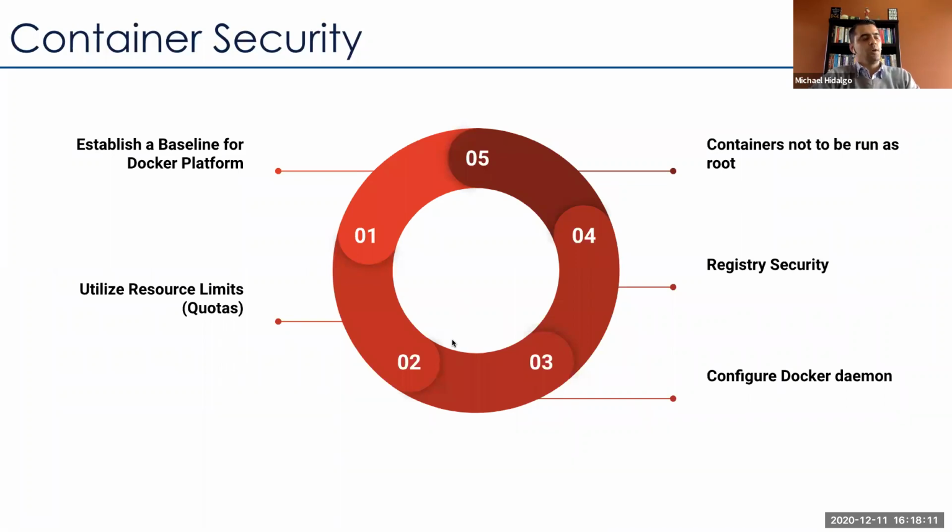When we were analyzing this topic, there are multiple ways to get a secure deployment. One of them is establishing a baseline for a Docker platform. I am talking about Docker probably because it's the most widely known container platform, but whatever platform you are going to use based on the OCI, you need to specify a baseline. I will talk a little bit more in detail about what a baseline is and why it is important. It's important that you limit your resources.